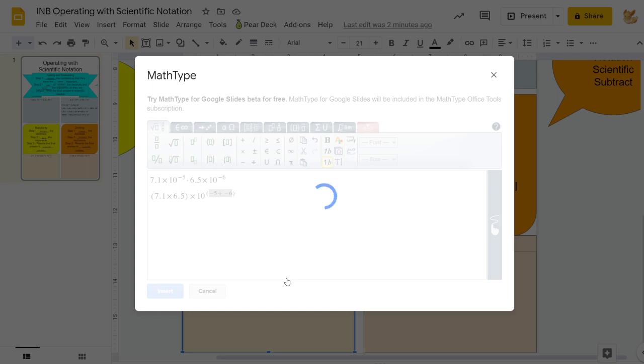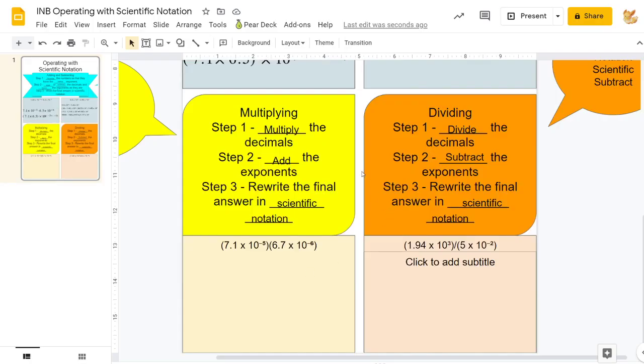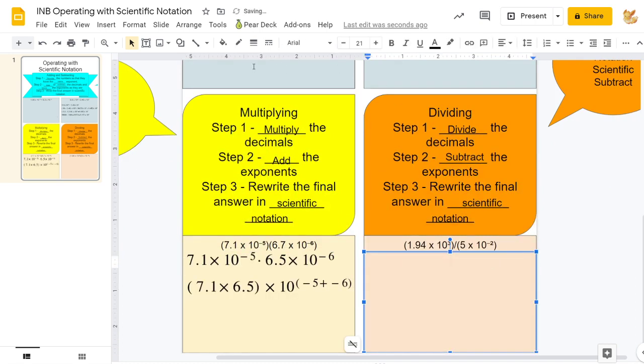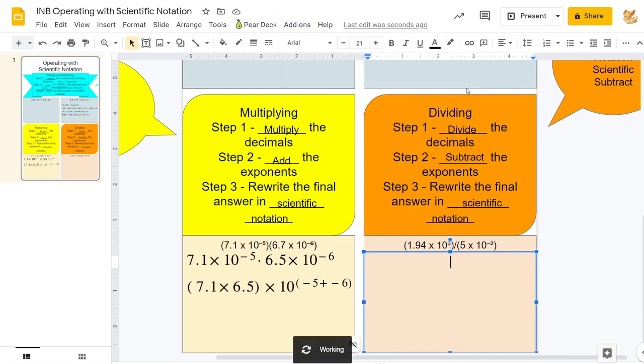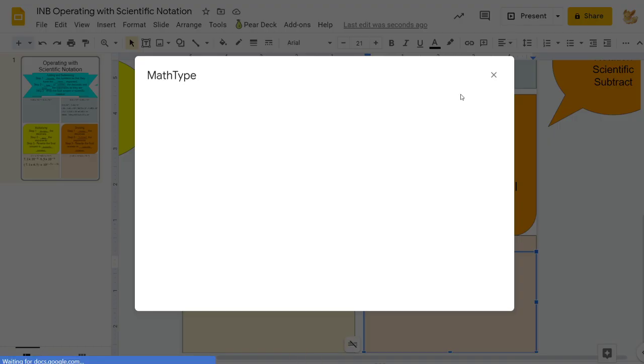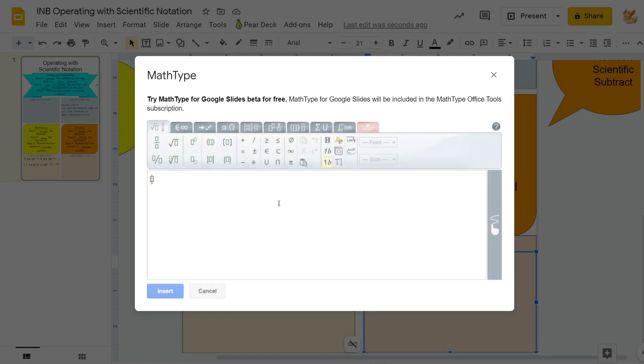And then you're going to do the same thing for division. You're going to do the same thing for division, except instead of multiplying, you're going to divide, and instead of add, you're going to subtract.